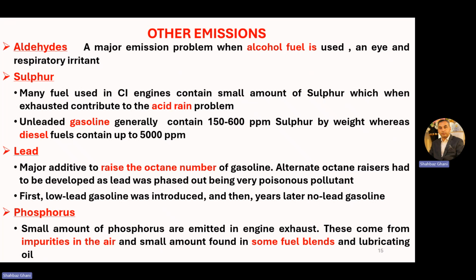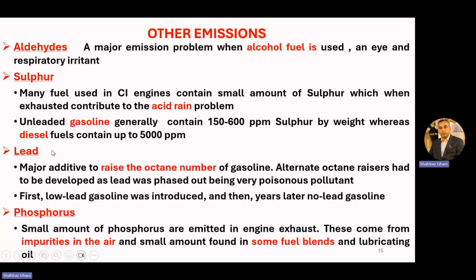Unleaded gasoline generally contains 150 to 600 parts per million sulfur by weight, whereas diesel fuel contains up to 5,000 parts per million, so a huge amount.